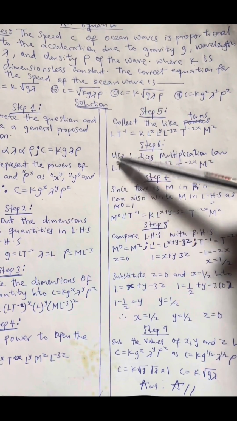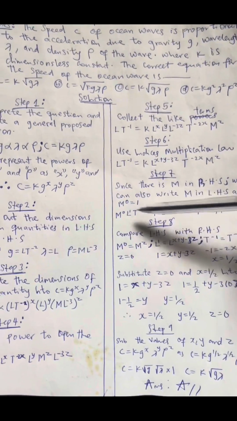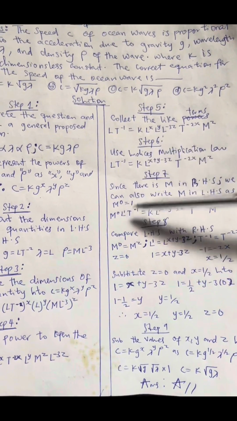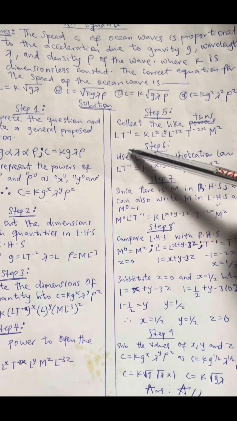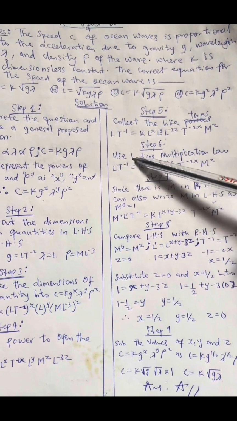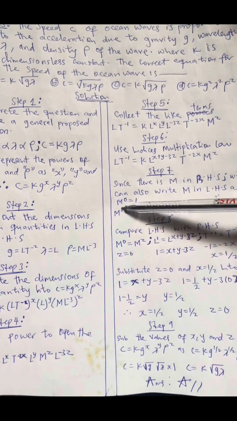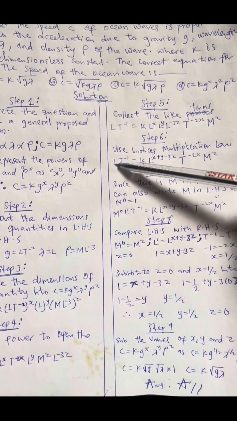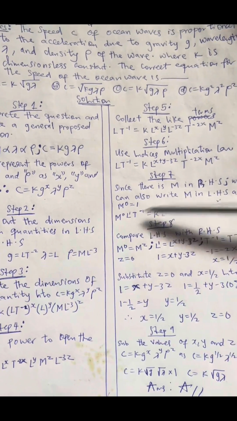How can we write M at the left hand side? We write it as M raised to power 0, because anything raised to power 0 is 1. So M raised to power 0 is still 1. Therefore the expression here, which is L raised to power 1 T raised to power minus 1, we can also write as M raised to power 0. This M raised to power 0 is 1. L raised to power 1 is still L.